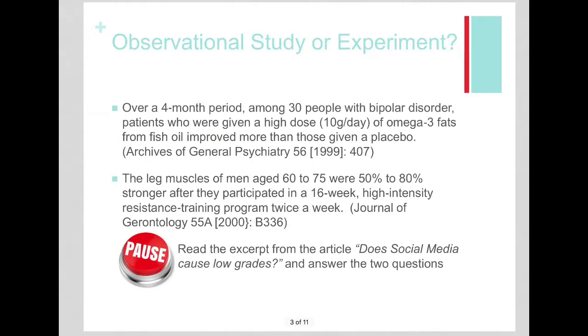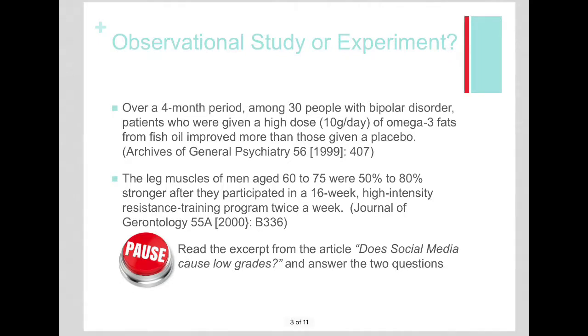So we can look at these two examples and see whether or not we think an experiment was done or an observational study was done. And these are actual studies that were done some years ago. So the first one says, over a 4-month period, among 30 people with bipolar disorder, patients who were given a high dose of omega-3 fatty acids from fish oil improved more than those given a placebo. If you don't know what a placebo is, it's basically a fake treatment.